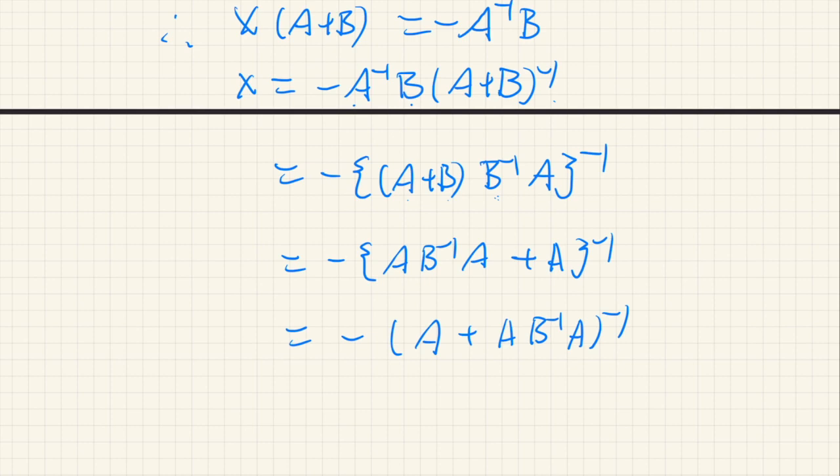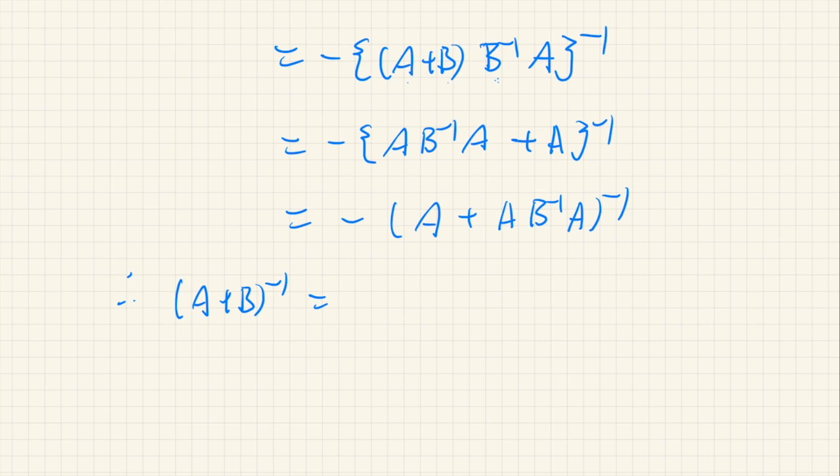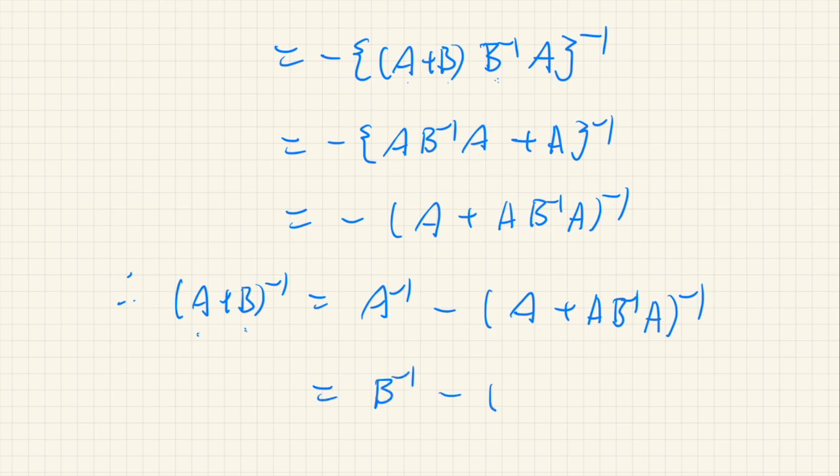So therefore, after all, (A plus B) inverse is A inverse plus X, our original assumption, so A inverse minus A inverse (A inverse plus B inverse) inverse A inverse. And of course, similarly, if we just swap A and B, by symmetry, we have B inverse minus B inverse (A inverse plus B inverse) inverse B inverse, and we are done.